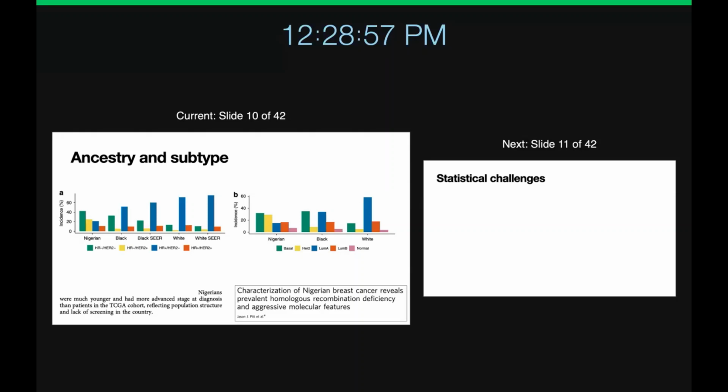Absolutely. There's a Nigerian study. There's also a Ghana study. These are just scratching the surface, right? It's just one study. I would also encourage you to check out the Ghana study for breast cancer incidence and subtyping. And there should be more. We should be doing a lot more genetic studies in African populations.